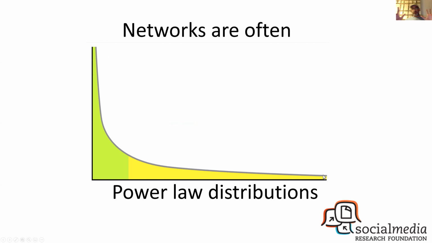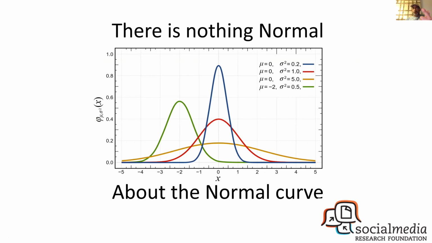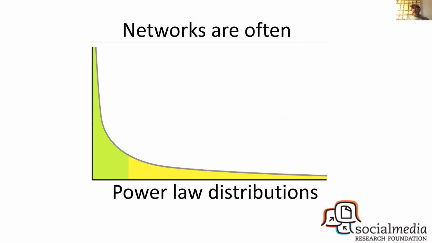And that's sort of a pattern in social media, in wealth, in celebrity, in political power, in popularity on Spotify. There's an awful lot of this curve in our world. And for some reason, this one gets called normal, and yet this one does not.